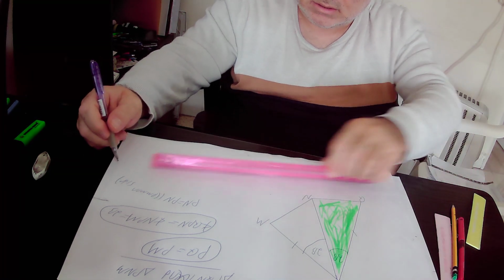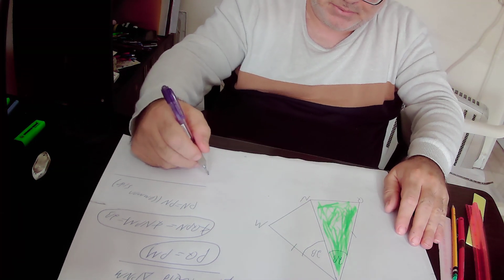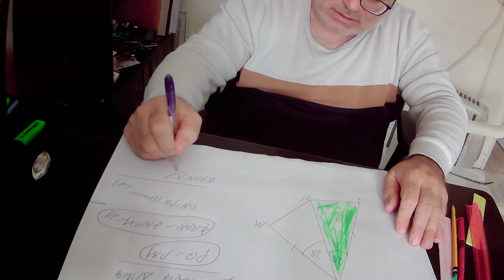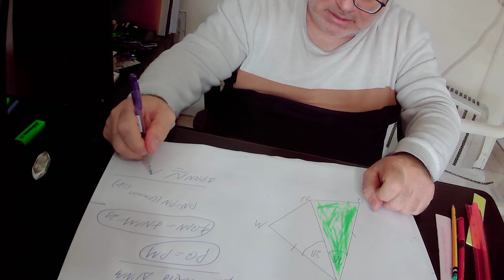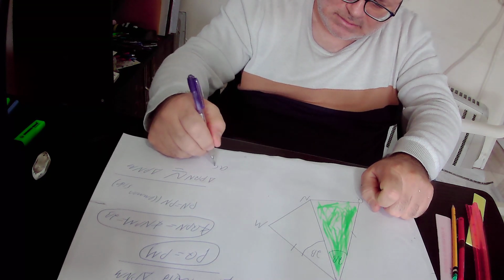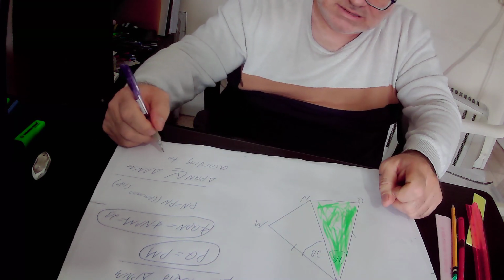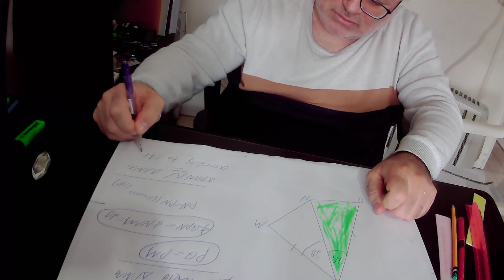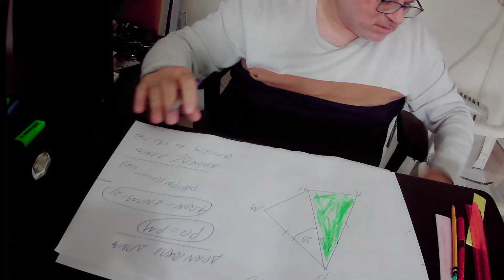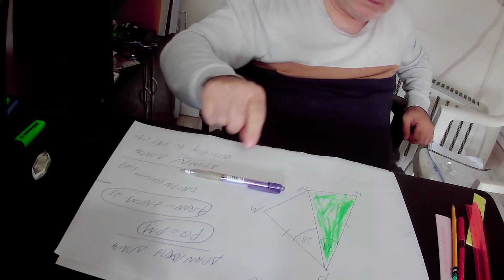So actually, we proved that the green triangle PQN is congruent to the white triangle PNM according to the side angle side rule. So I will bring a couple of pages.